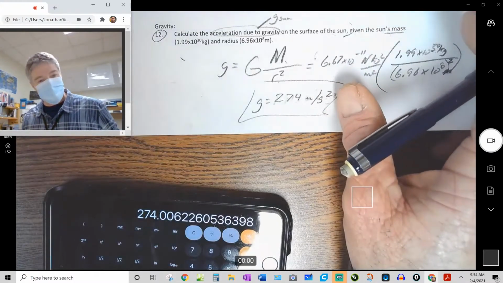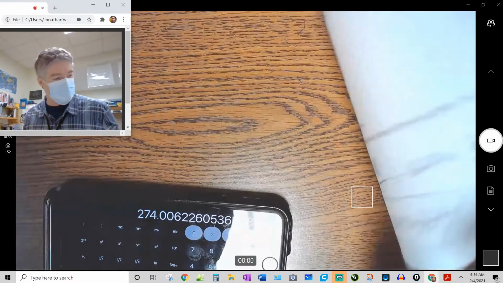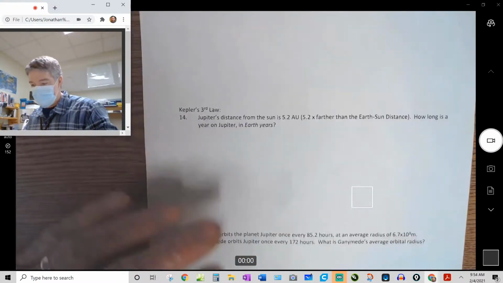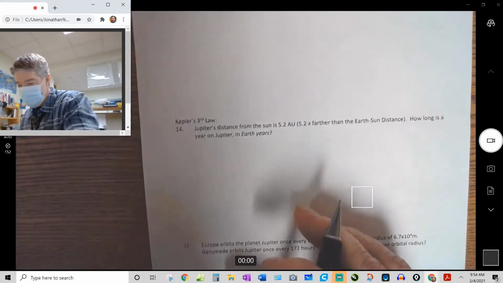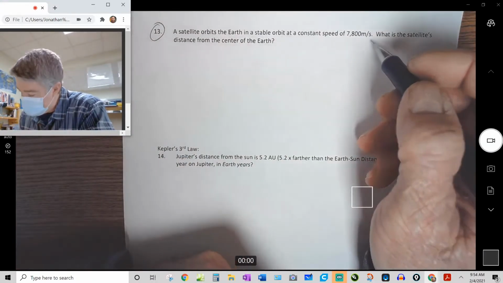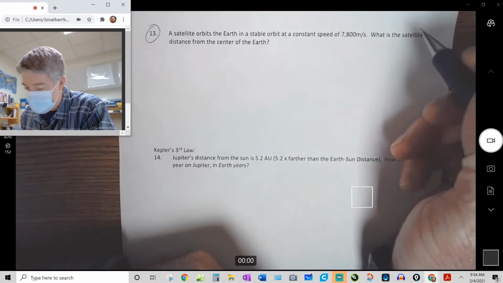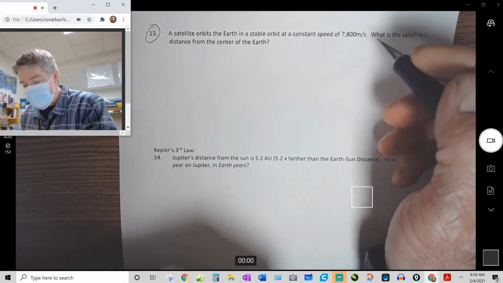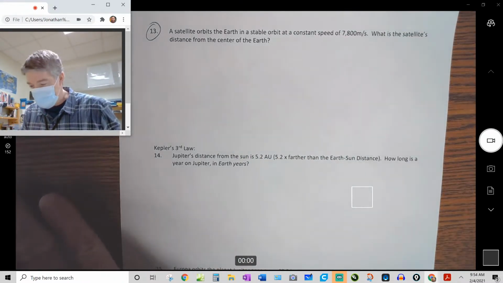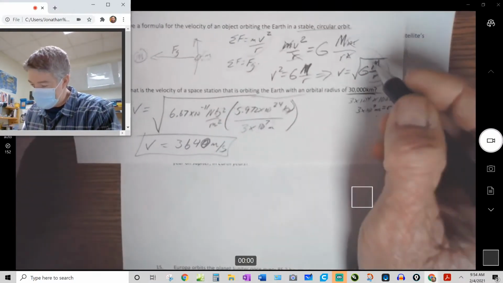And one last one, number 13. Where is number 13? A satellite orbits the Earth in a stable orbit at a constant speed of 7,800 meters per second. What's its distance from the center of the Earth? So this sounds a lot like a situation where I can use this formula again.